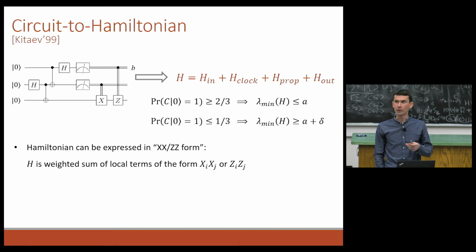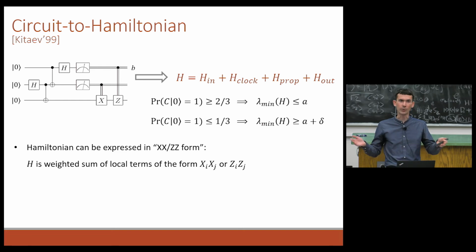A further thing that's known about this circuit to Hamiltonian construction is that the Hamiltonian can be made into a very simple form where each of the terms is two-local, only of the form X tensor X or Z tensor Z acting on different qubits. So this Hamiltonian looks like a weighted sum of X_i X_j, X acting on qubit i and qubit j, and Z_i Z_j.